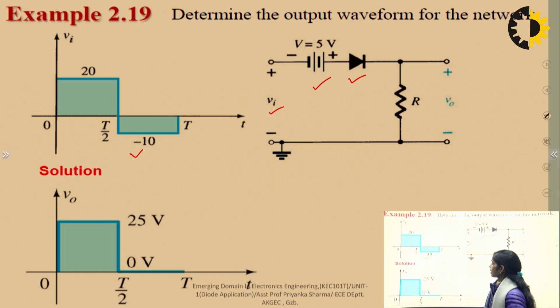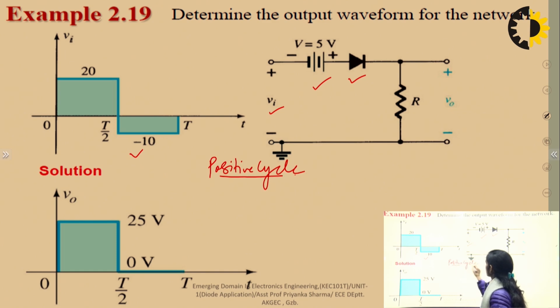We start the analysis with the very first cycle, the positive cycle. If we take the voltage Vi as 20 volt, we have to find the voltage at the diode, let's say V1. So what will V1 be?